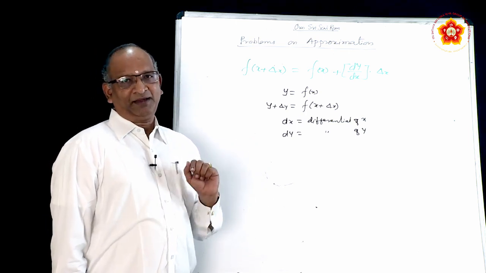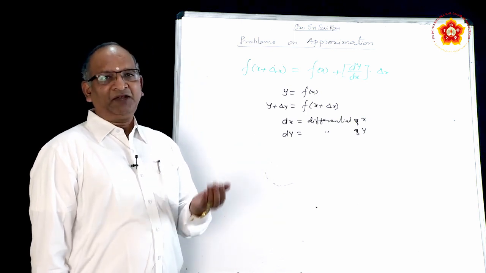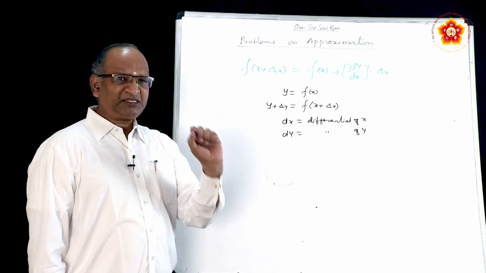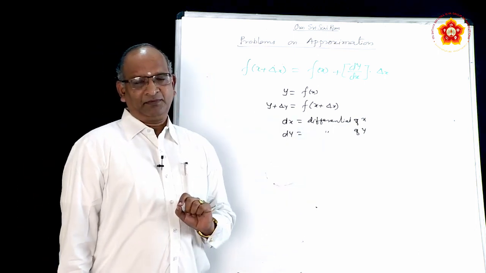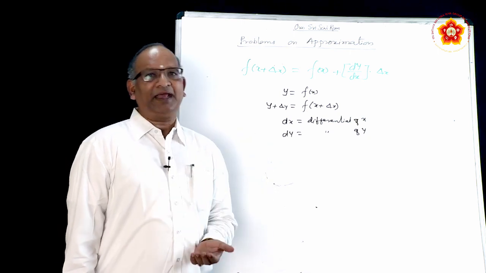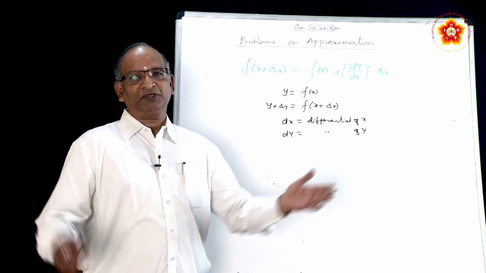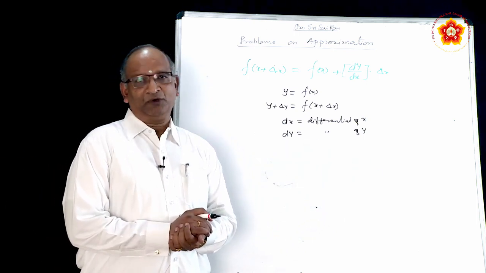So, in that particular manner, using this formula, we can find the approximate values. Now, we want to learn how this approximation can also help us in finding out approximate errors. If there is small error in the measurement of length, it automatically affects the area, and much more it affects the volume. Suppose you are finding out the volume of a cube.